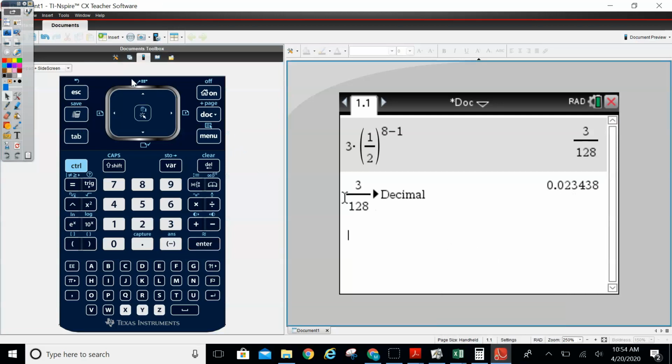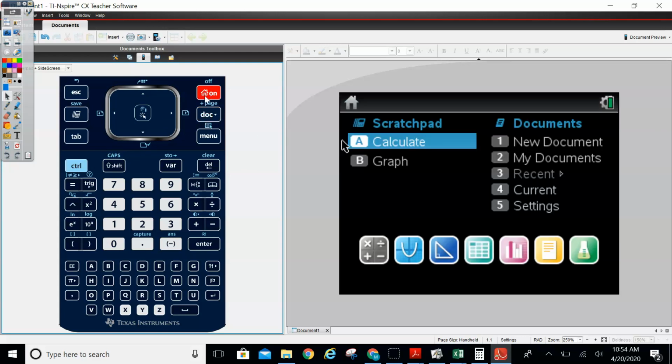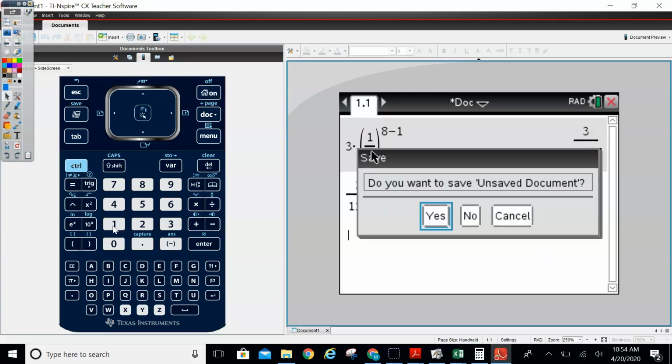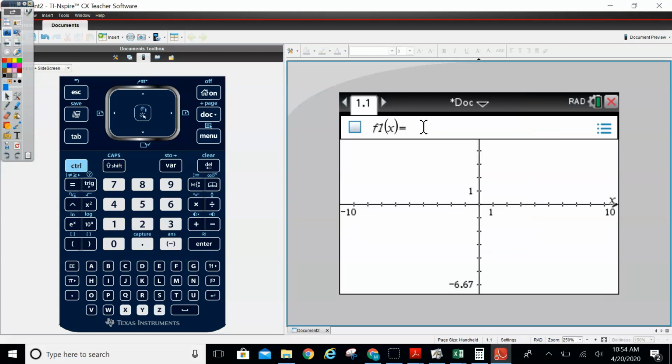So I need to add a graph. Second page. Okay, I'm going to go home. I'm going to add, I know that I need to save that, I'm going to add a graph.